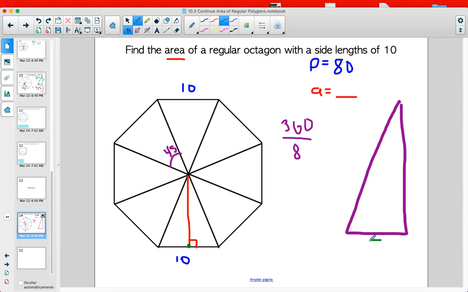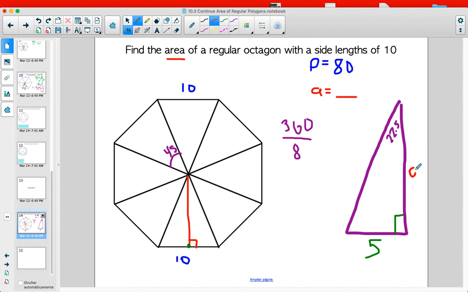So this is 5. Since this is the apothem over here, this is the right angle. And we also know that this center angle of 45 got cut in half, so 22.5. All right, so here is the issue.